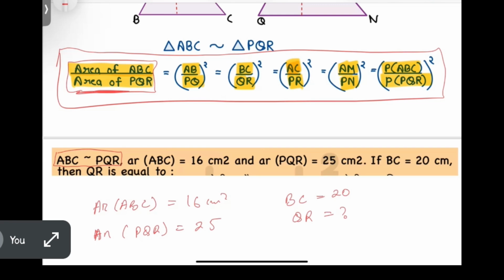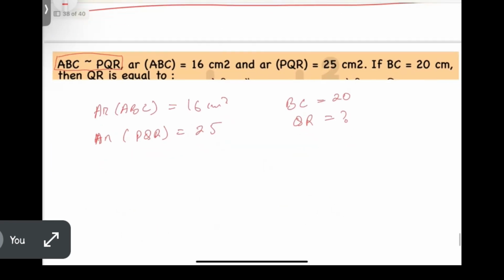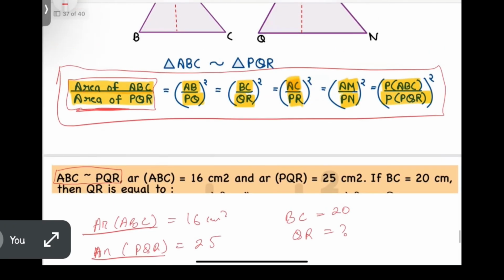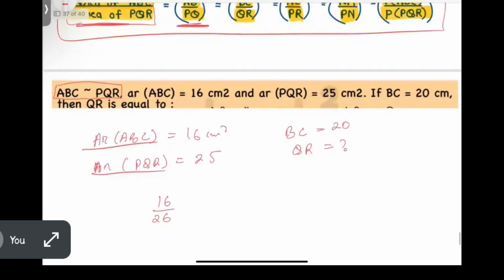If two triangles are similar, then the area of the first triangle, area of triangle ABC, divided by the area of triangle PQR is nothing but their sides squared.